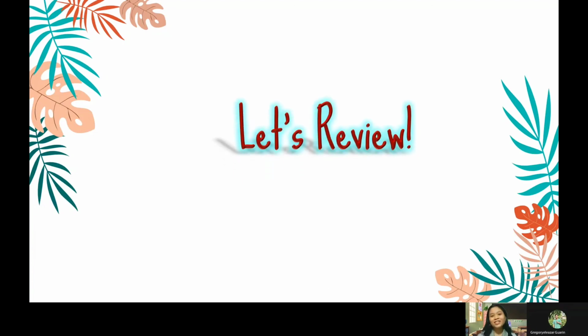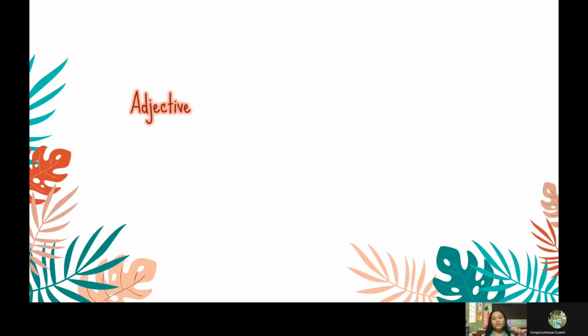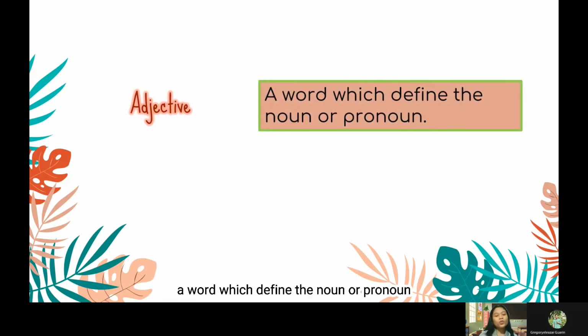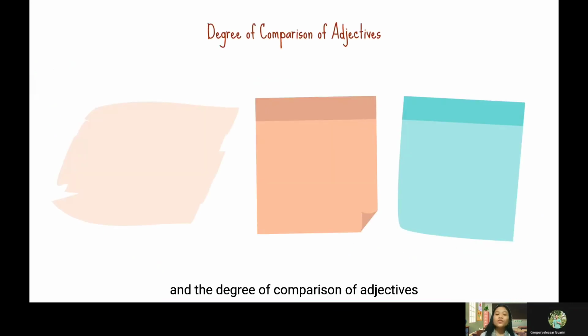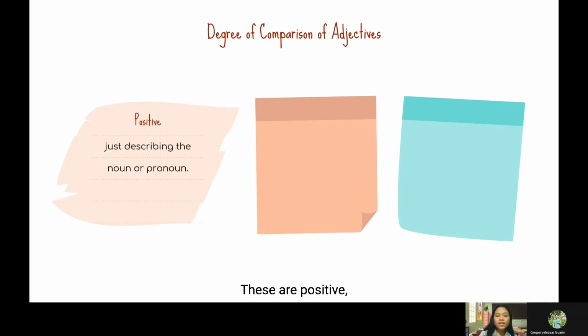It is easy, right? And now, let's review. Adjective, a word which describes the noun or pronoun. We're only describing the noun or pronoun. That is what we call an adjective. And the degrees of comparison of adjectives, there are three. These are positive. We are only describing the noun. We don't compare it, just describing the noun or pronoun.